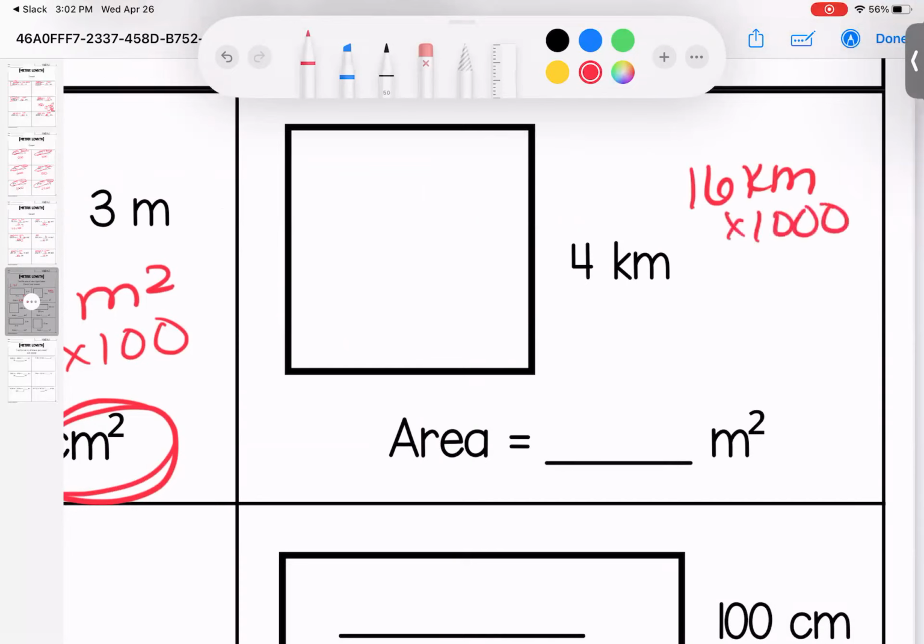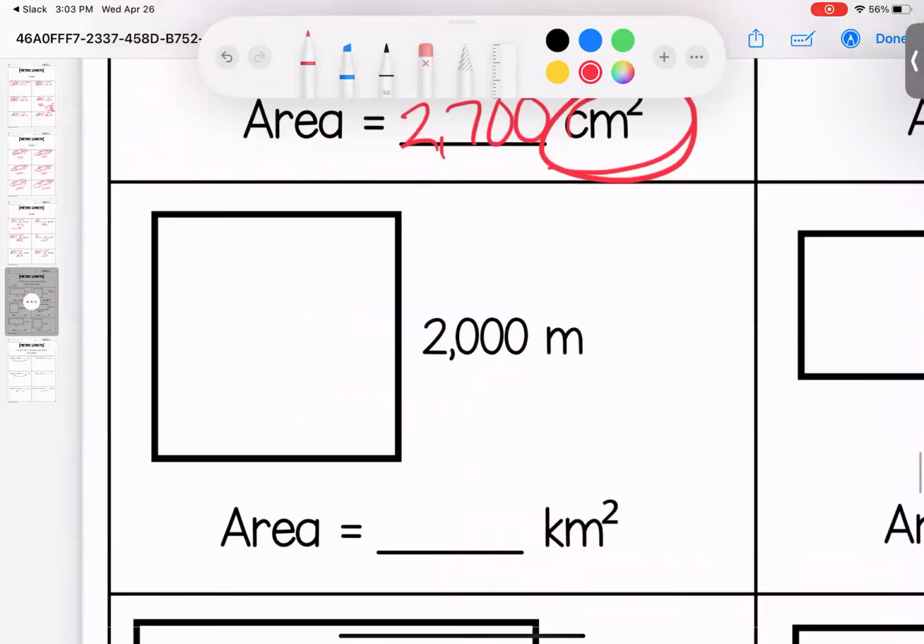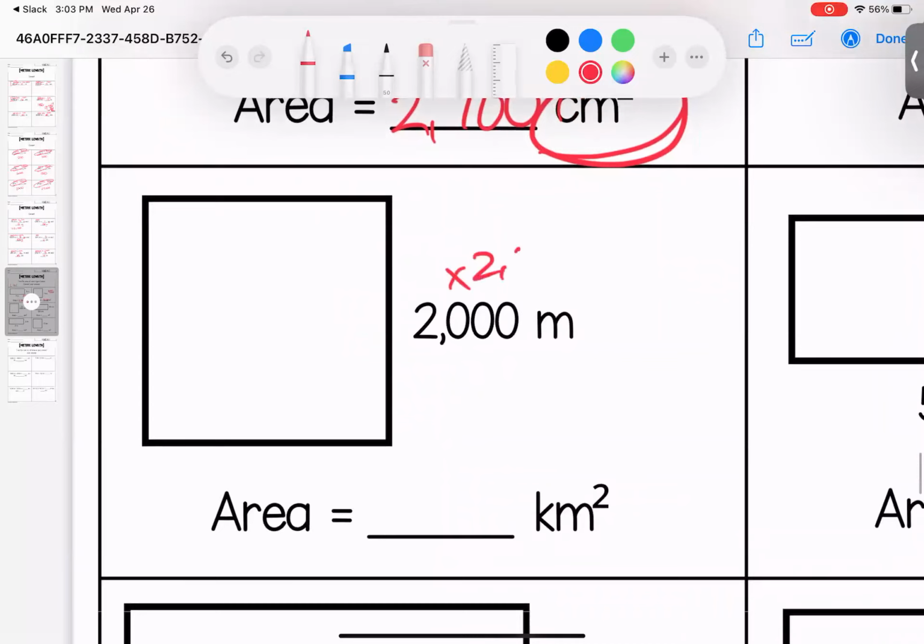Multiply by 1,000. I get 16,000. Another square. Multiply it together. 2 times 2 is 4. This is a big one. 4 million, okay? 2 times 2 is 4 with 6 zeros. I'm going to divide that by 1,000, and I want to see how many I get.